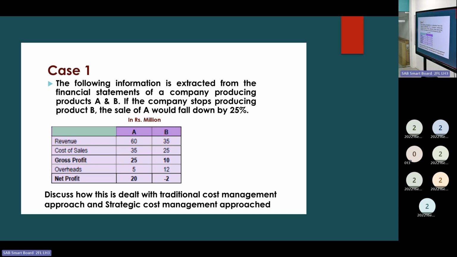For even something, 5 million remain. $20 million into 25. Net profit price, right? Ultimate profit. We are assuming the net profit is worth 20 million.